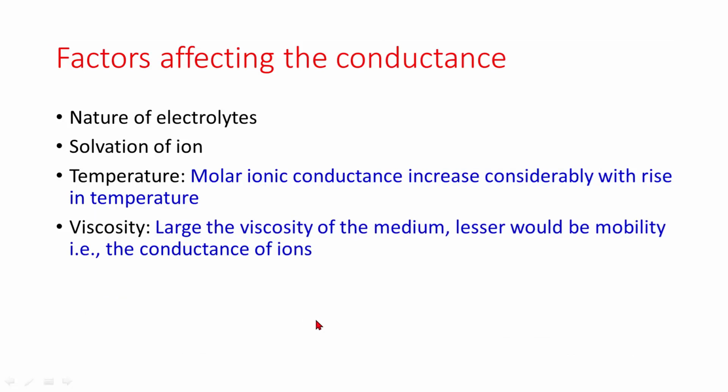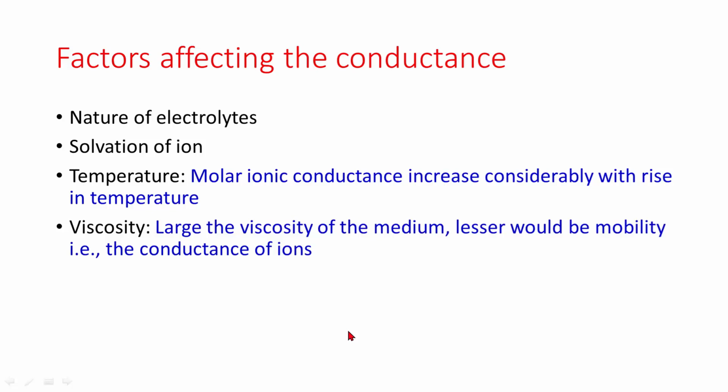The factors affecting the conductance are the nature of the electrolyte, whether it is a strong or weak electrolyte, and the extent of solvation of ions. H ions are the fastest moving ions due to Grotthuss mechanism.